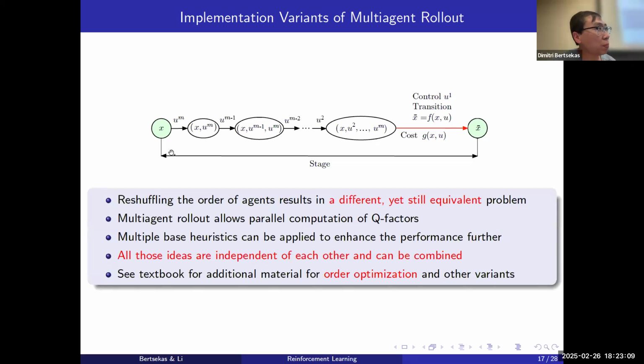So that essentially provides some consistency of the improvement, because you can come up with an example where you fix a particular order and you use multi-agent rollout and find a good control, you move on to the next stage.